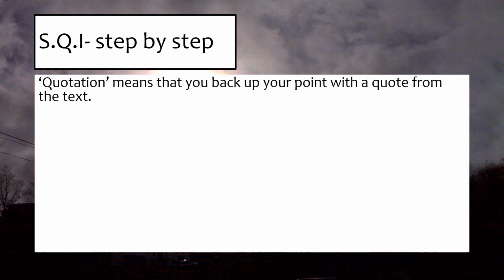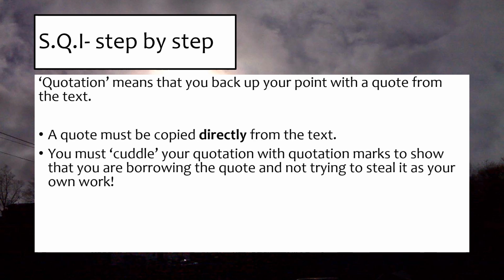Once you've made your statement, the next thing you need to look at is your quotation. Your quotation should back up your statement. So where, for instance, can we see pathetic fallacy being used to describe the setting? Your quotation must be copied from the text. You can't just make a quotation up because otherwise you're not really supporting your own point. And you need to make sure you're using quotation marks, so we know that that part of your answer has been taken from the text, okay?